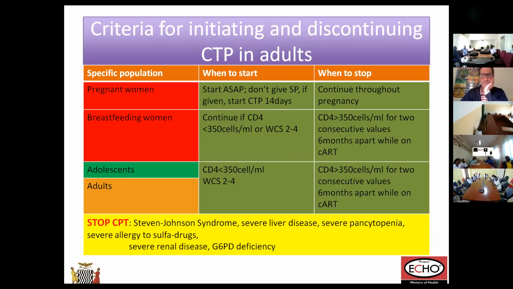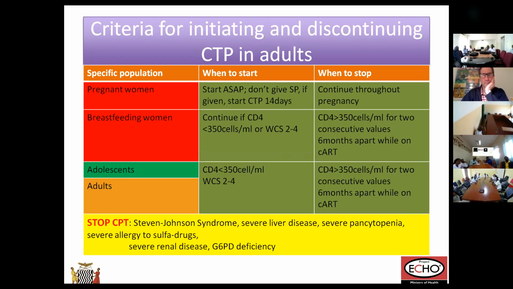And then for breastfeeding women, you only stop if the CD4 is above 350 cells per mil for 2 consecutive values, which are 6 months apart, while the woman is on ART. Then for adolescents and adults, you start cotrimoxazole prophylaxis if the CD4 is less than 350 cells or WHO clinical stage 2, 3, or 4.